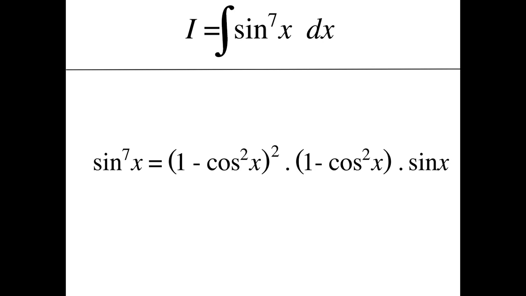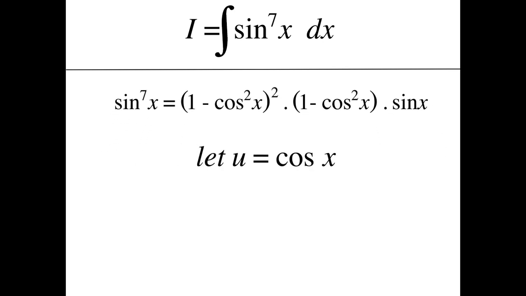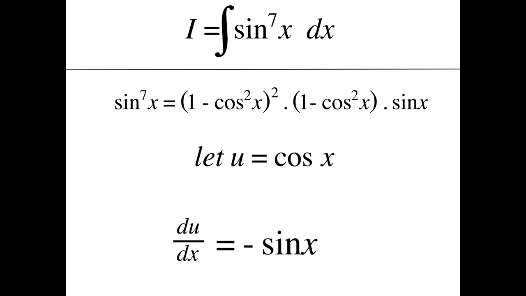Now what to do? Now what we can do is substitute u is equal to cos x. Why do we do that? To cancel sin x out, right? Because in this equation sin x is an odd term, and we have to get rid of it to integrate the whole expression. So we substitute u is equal to cos x, and taking its derivative, you'll get minus sin x.